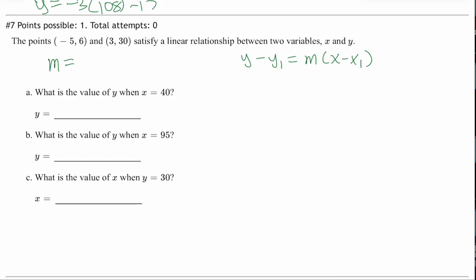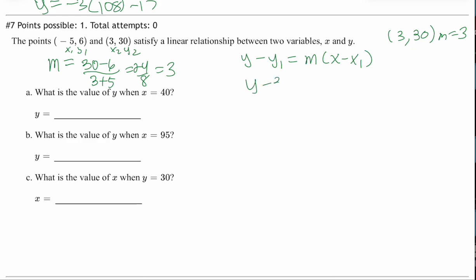We can't do that. So if we label our points x1, y1, and x2, y2, we get the slope is 30 minus 6 over 3 plus 5, or 24 over 8, or positive 3. So I'm just going to use the point (3, 30) and the slope of 3. Now you could use either point, that's just the one I'm picking at this particular time.